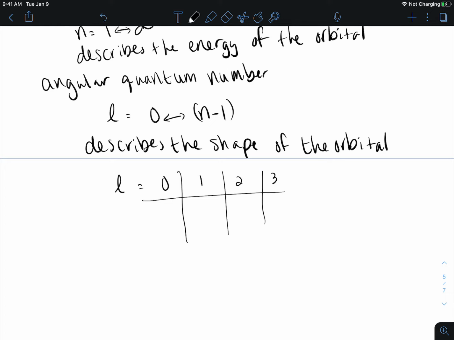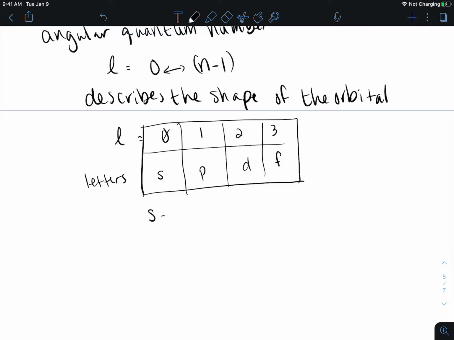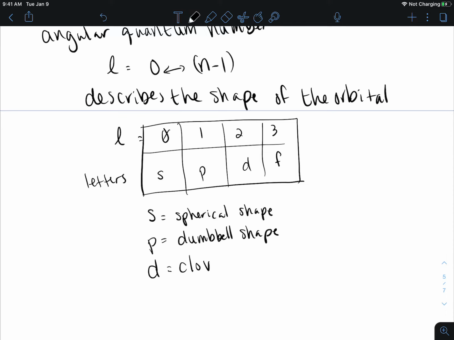And we're going to have letters that are used to describe them, where 0 is described by the letter S, 1 is described by the letter P, 2 is described by the letter D, and 3 is described by the letter F. Our S describes a spherical shape, our P is a dumbbell shape, our D is a clover shape, and our F is complex, almost like a flower in some cases. Just very interesting.